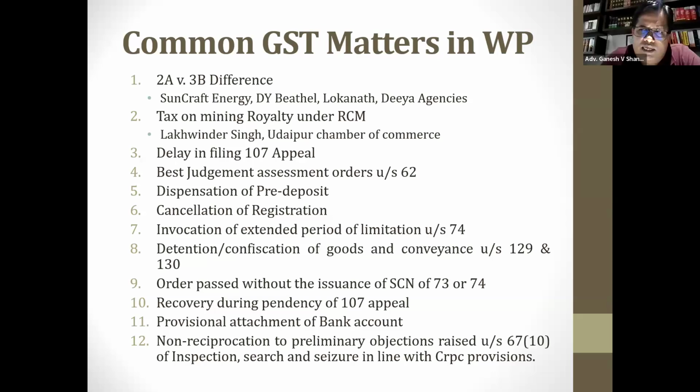Best judgment assessment was not done in accordance with the circular, some circulars under GST. If those principles are not followed, and that 62 order, ASMT 13 or 12, 10 something, doesn't contain all the details of the assessment, how he has arrived at the assessment amount, then High Court can be approached.